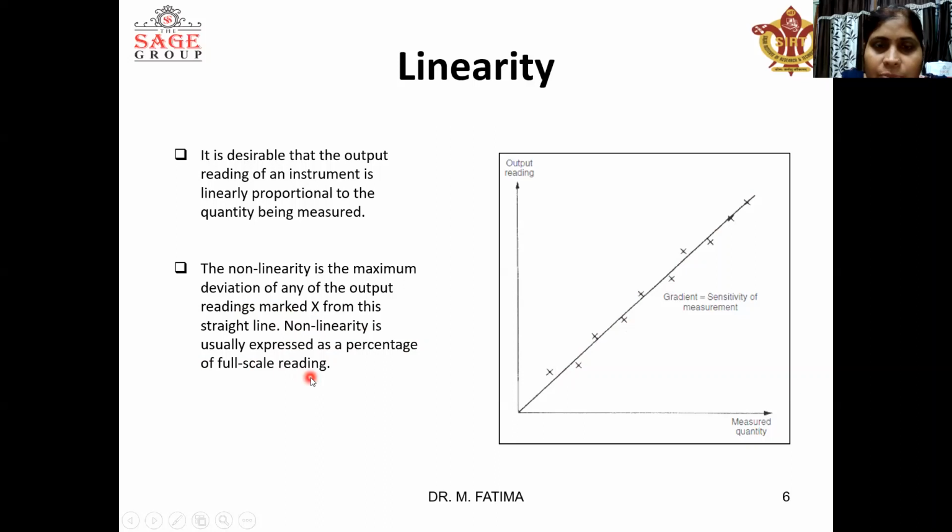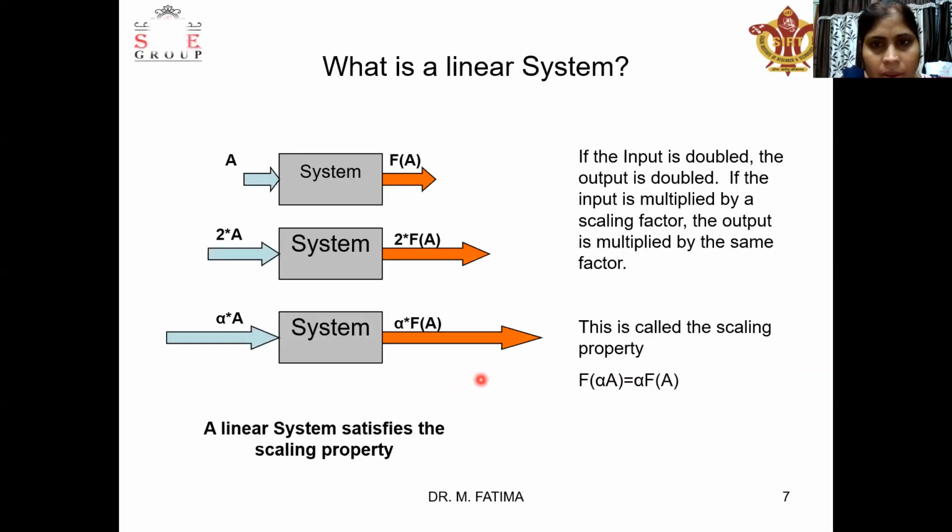If I'm saying the instrument is linear, it means the output follows the input, or output is proportional to the input. If the instrument is non-linear, it means output does not follow the input. Any linear instrument or linear system satisfies the scaling property.